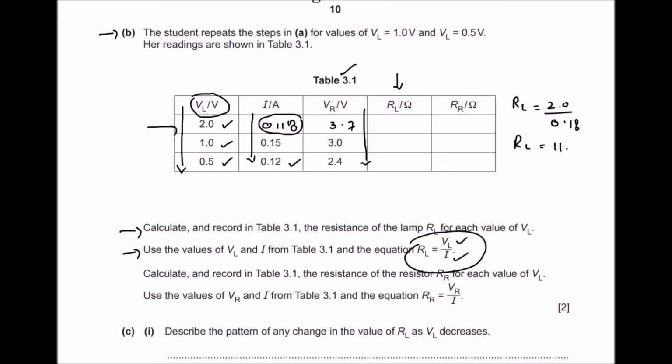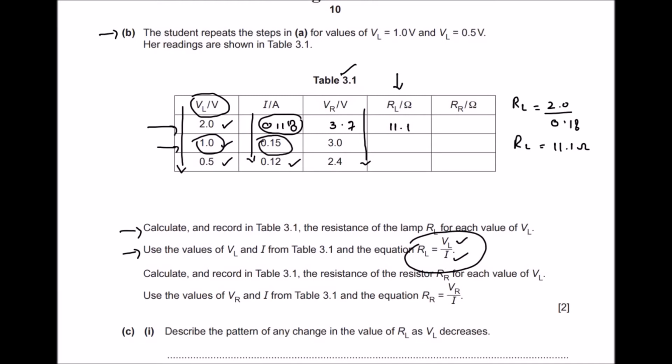Divide the numbers, then you get 11.1 ohms. So you can write here 11.1 ohm. Similarly, for the second observation, the voltage is 1 and the current 0.15.